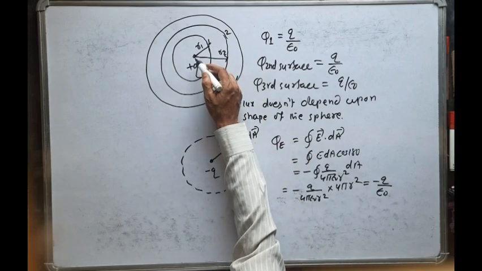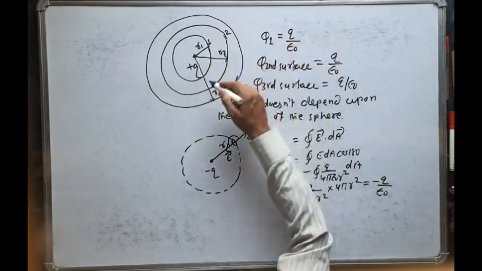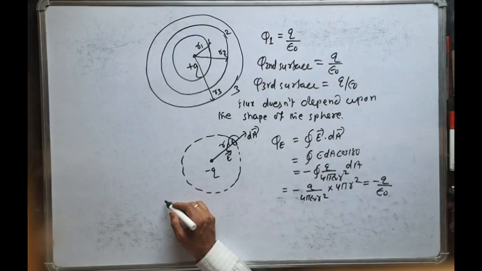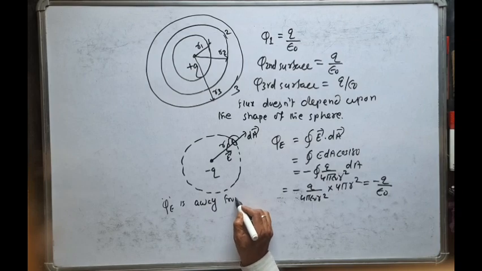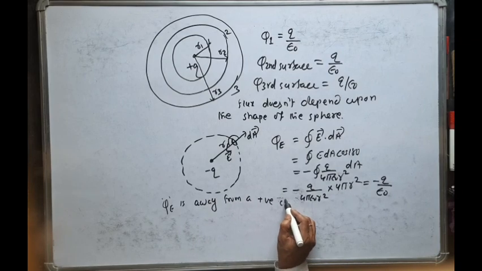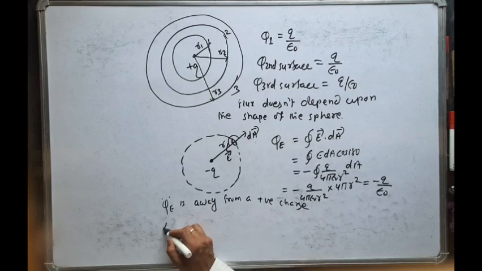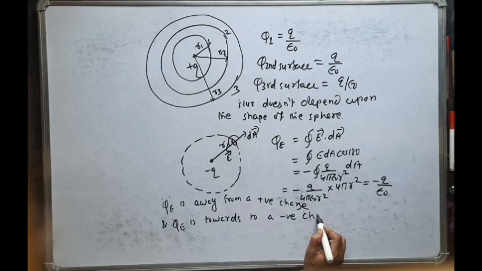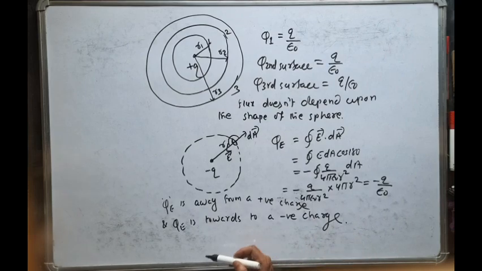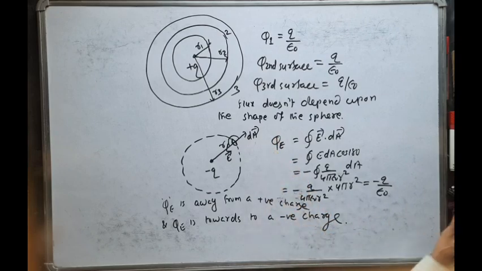In the case of a positive charge, the lines of force or flux is away from the charge. So I can write: electric flux is away from a positive charge, and electric flux is towards a negative charge. So this is about the flux for positive and negative charge.